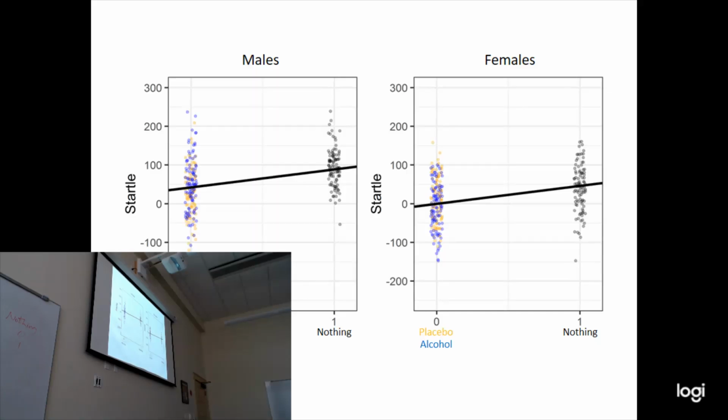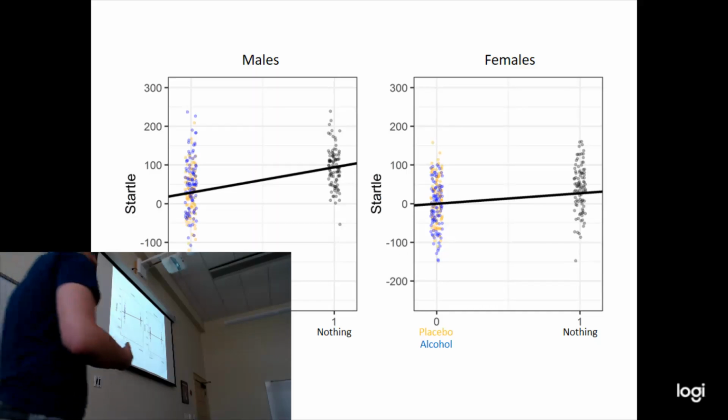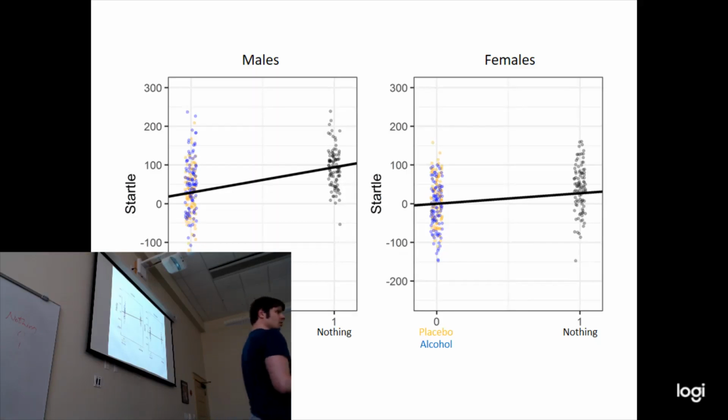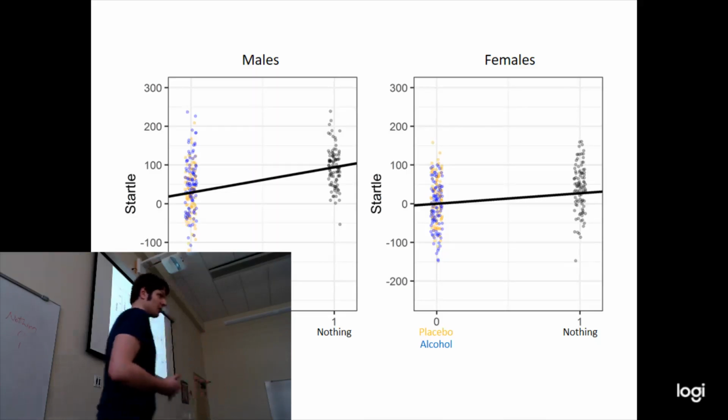If I want to allow participant sex to interact with C2, one way of understanding that is that I'm allowing the slopes of these two lines to be different. Very similar process, the same process that we just followed, the same process that we followed when we were looking at baseline startle instead of participant sex.